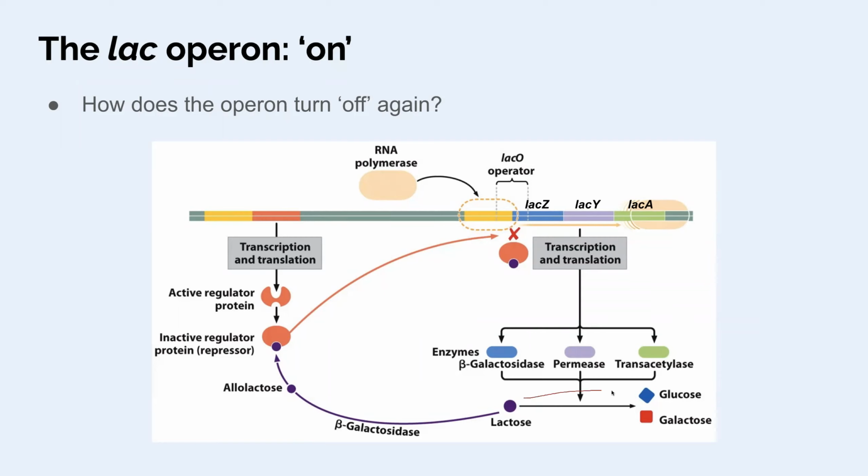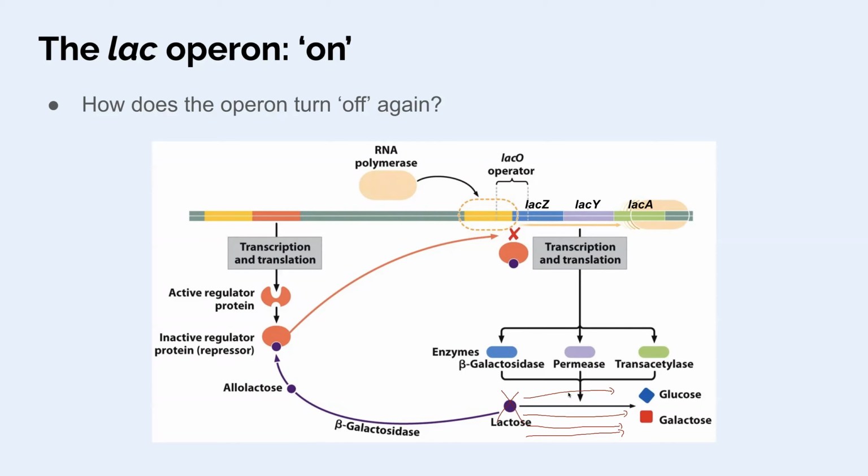So let's say we've done this where we transcribed and translated the lac operon genes. That's going to cause the lactose that's present in the cell and around the cell to be incorporated and digested into glucose and galactose. So as that happens, as long as there's lactose present, it's going to keep digesting the lactose that's there. Eventually, that's going to wear out all the lactose.